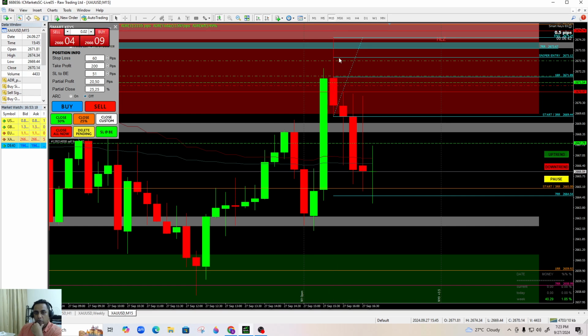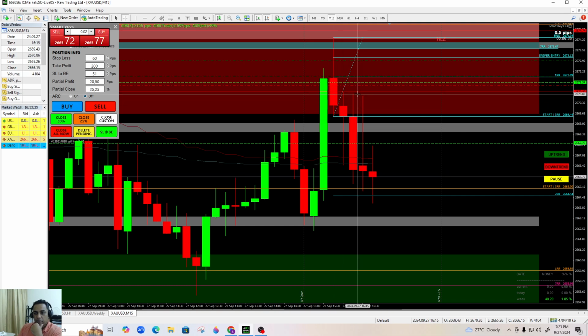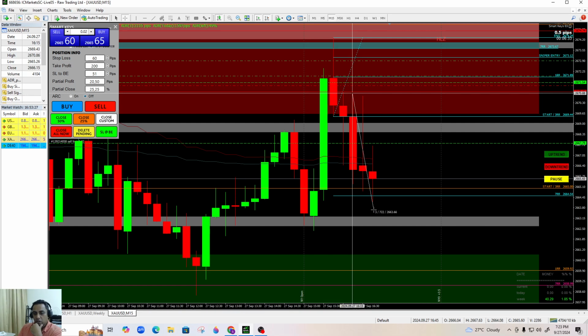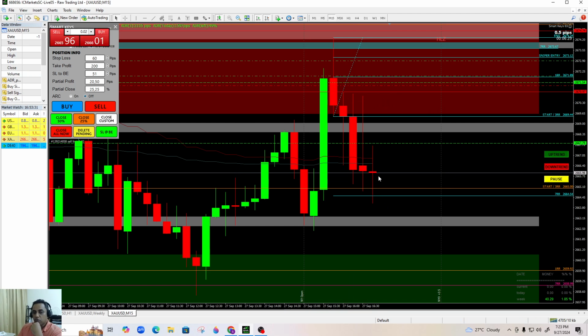Then price grabbed liquidity and pushed down a little bit and then stayed here. Then the NYSE open and price pushed down another 70 pips, and this move should continue down with the next 4-hour candle, right?